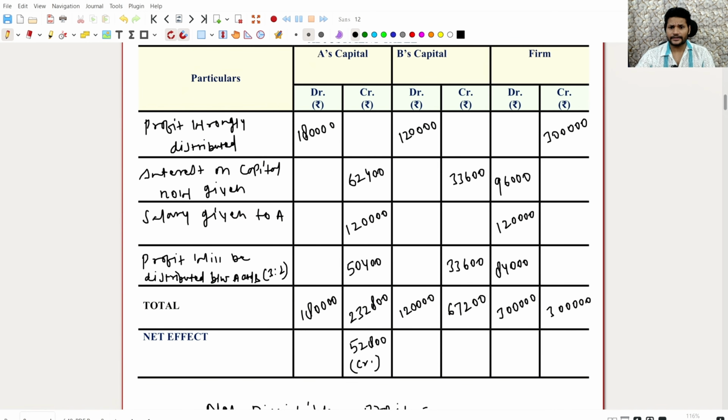Now you can see here debit side is greater than the credit side. By what amount? That is 52,800 again, and this will be debit balance. So finally we have calculated the net effect. Now let's pass the adjustment journal entry. So in the journal entry, B's capital will be debited and A's capital will be credited. By what amount? That is 52,800. So let's pass the journal entry.